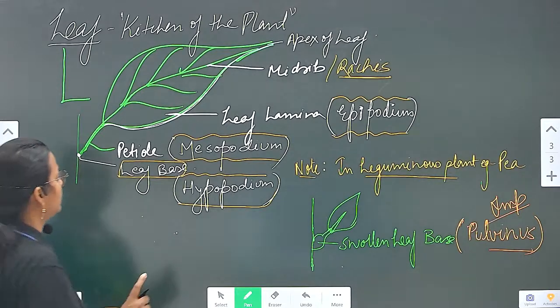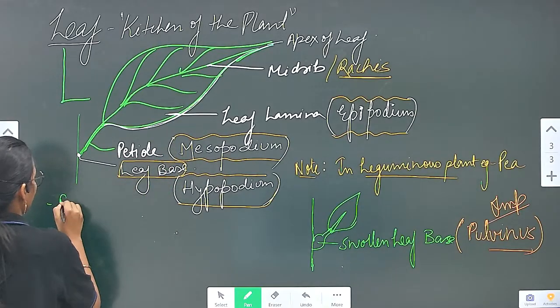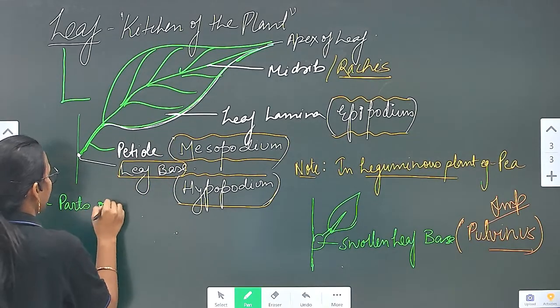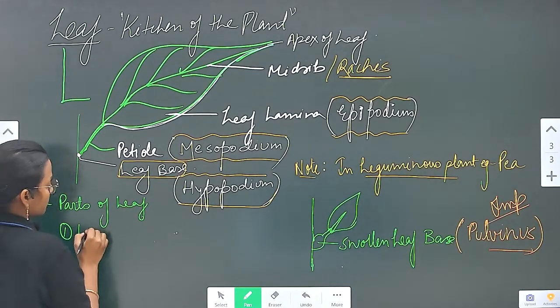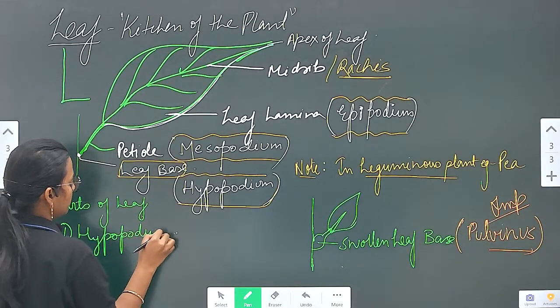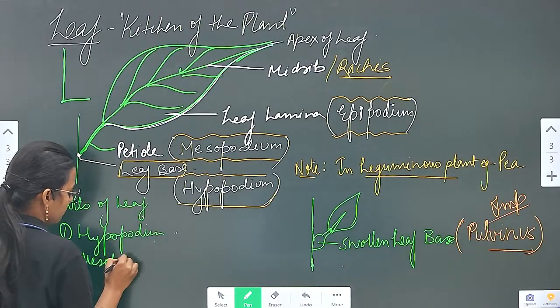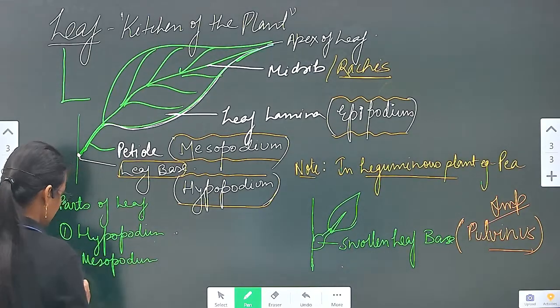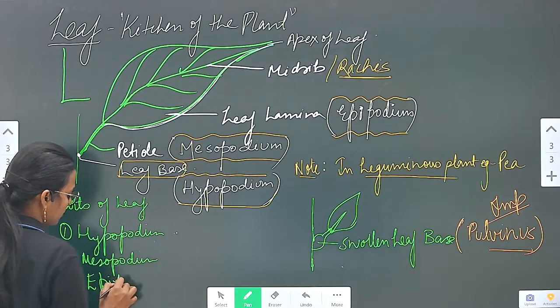Okay, so with this we are done with the parts of the leaf. What were the parts of the leaf? The hypopodium, the mesopodium, and the epipodium.